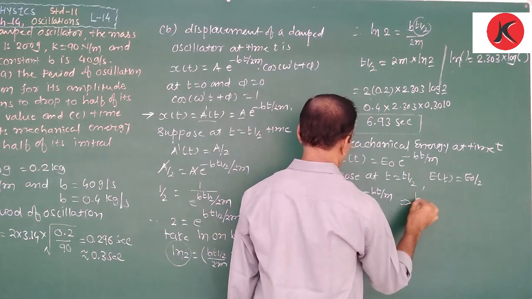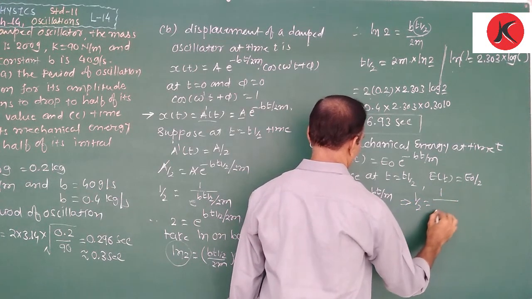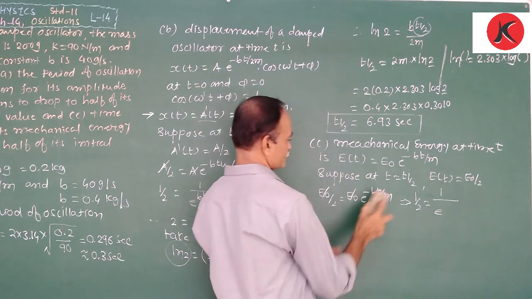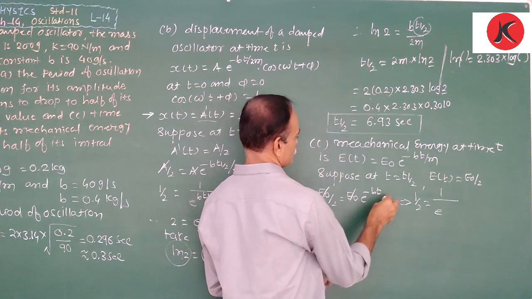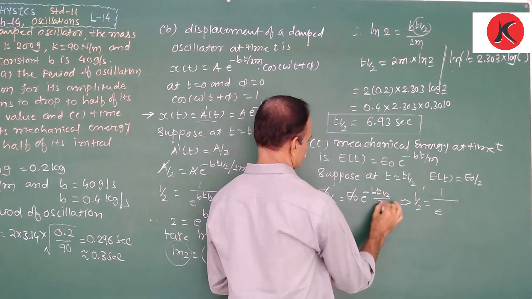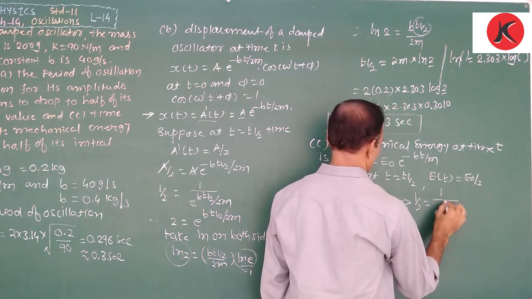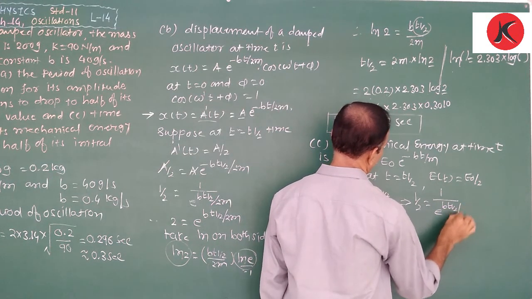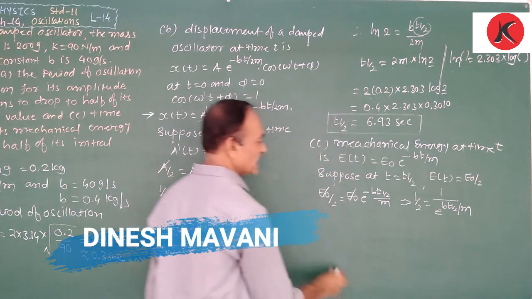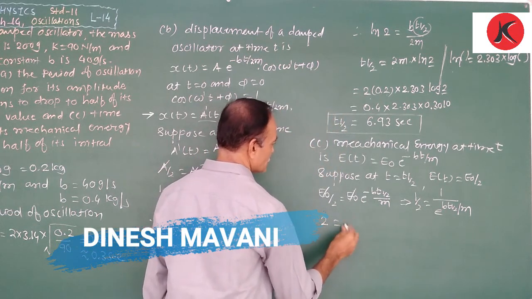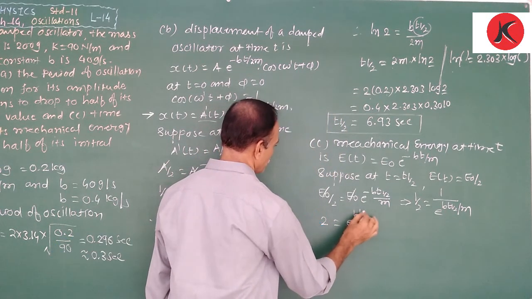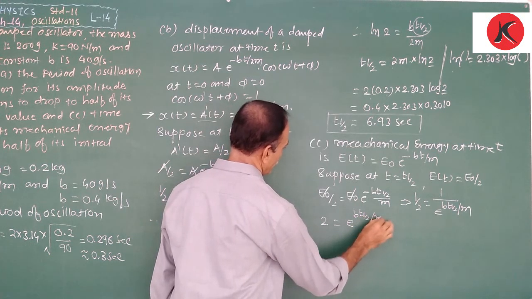Therefore 1 upon 2 is equal to 1 upon e raised to b tau half upon m. Compare the denominator. So 2 is equal to e raised to b tau half upon m.